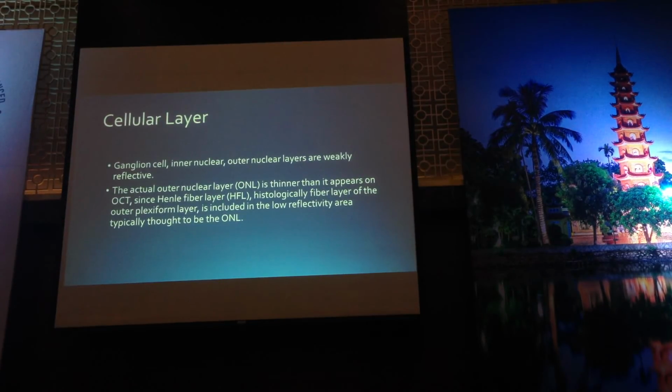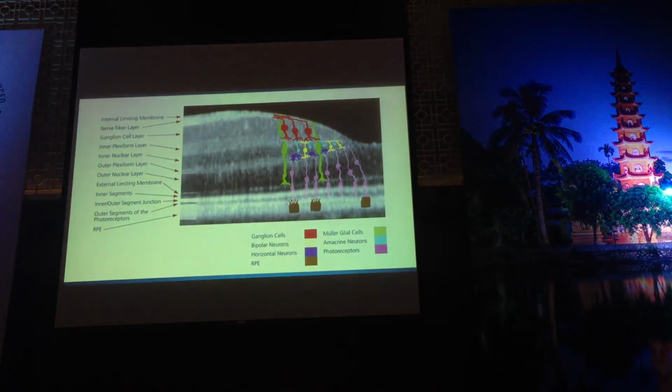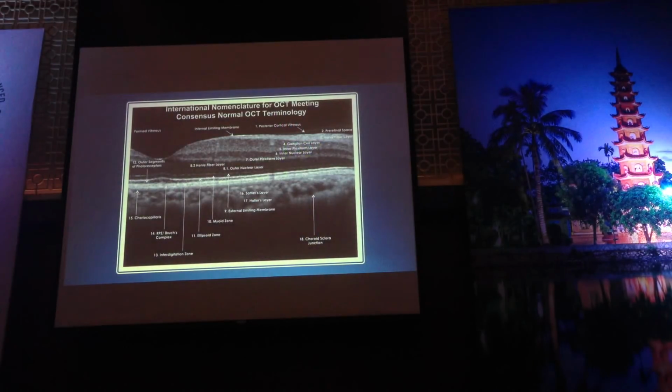You understand that, right? Just take a look here. Here is the Henle fiber. It's the fiber which goes this way, leaning forward and towards here a little bit, obliquely, and it blends with the outer nuclear layer.